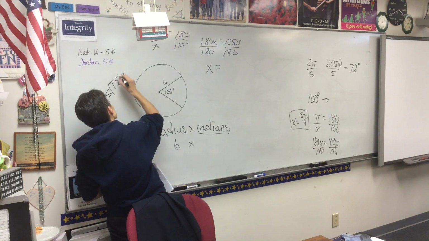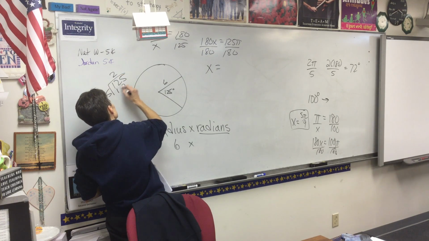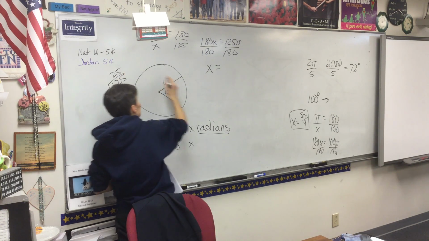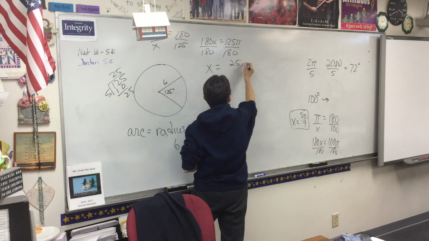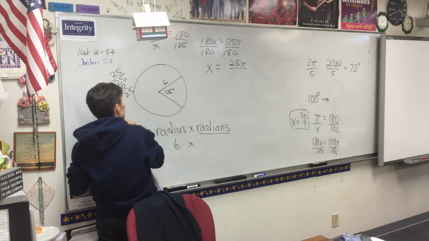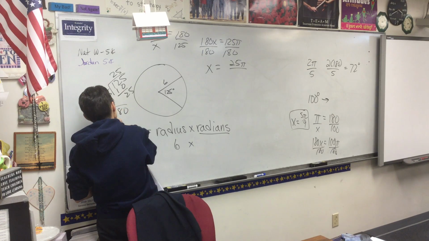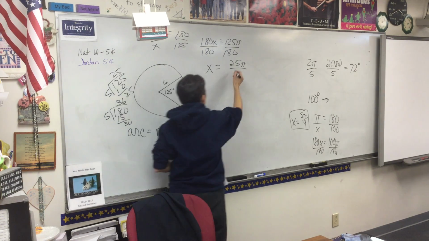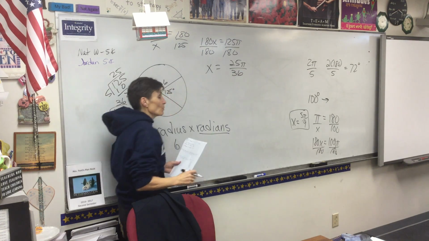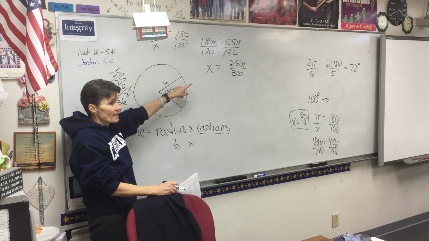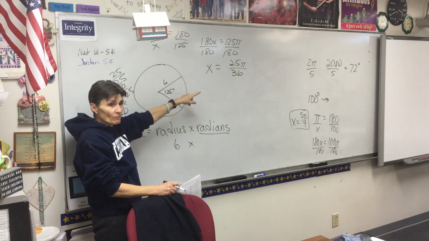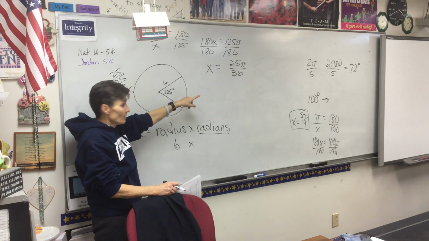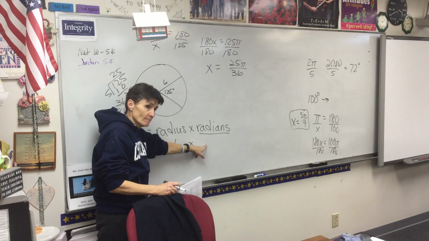So 5 goes into 125, 25 times. And 5 goes into 180, I think I just did that, 36 times. So the radian measure of the angle is 25 pi over 36, which means that's what goes here.